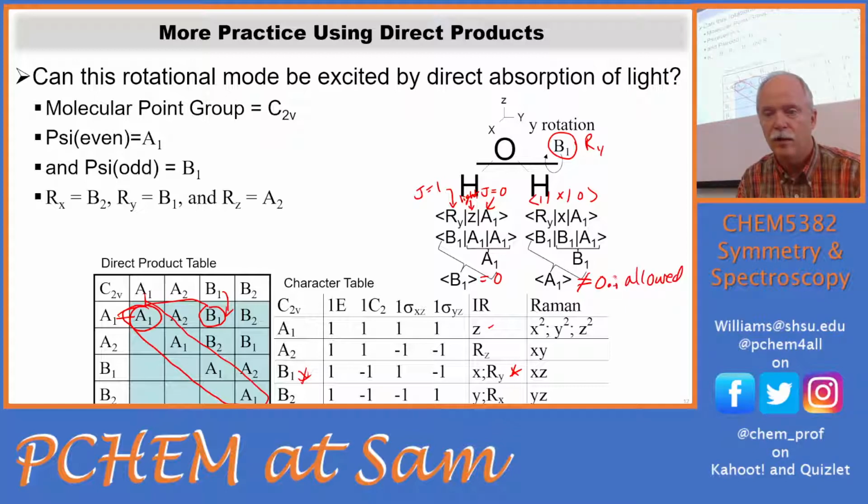Okay. Now we can generalize. So let's look at this. In rotation, one of those levels is going to be A1. Either we're going from 0 to 1, or we might be going from, let's say, emission, from 1 to 0. So this one is going to be A1.